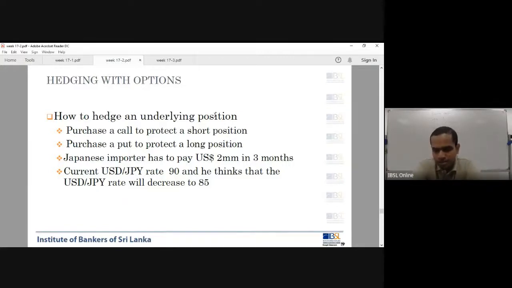Based on the risk tolerance, you can decide on the strike price. You can say you're happy with losing maybe 10 yen. And if the rate goes to 100, you're willing to pay a maximum of 100 as the exchange rate for this. 100 will be the maximum exchange rate you're willing to pay.